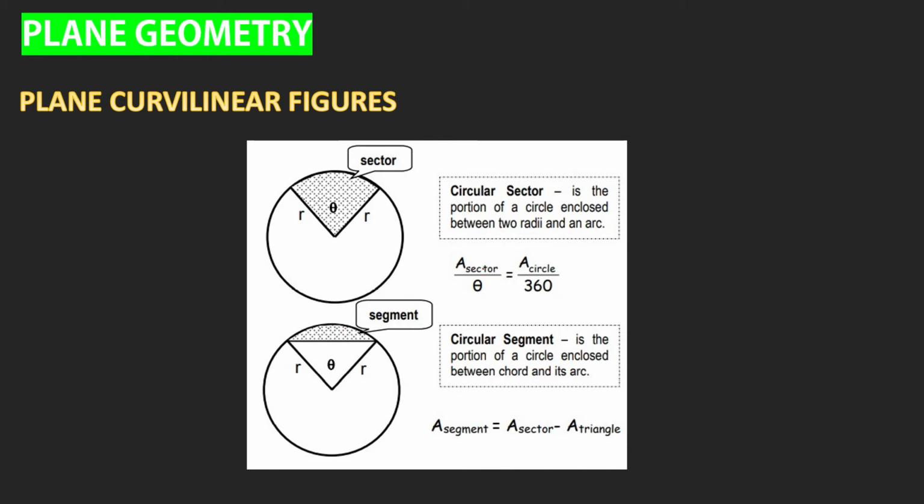Ang formula po ng sector natin is area ng circle times yung interior angle, yung theta, over 360, kasi part lang ng isang circle yung kinocompute natin. Pag segment naman, area ng sector minus area ng triangle natin. Para makompute yung area ng triangle, pwede tayong gumamit ng sine rule, depende sa given o depende sa available na data.